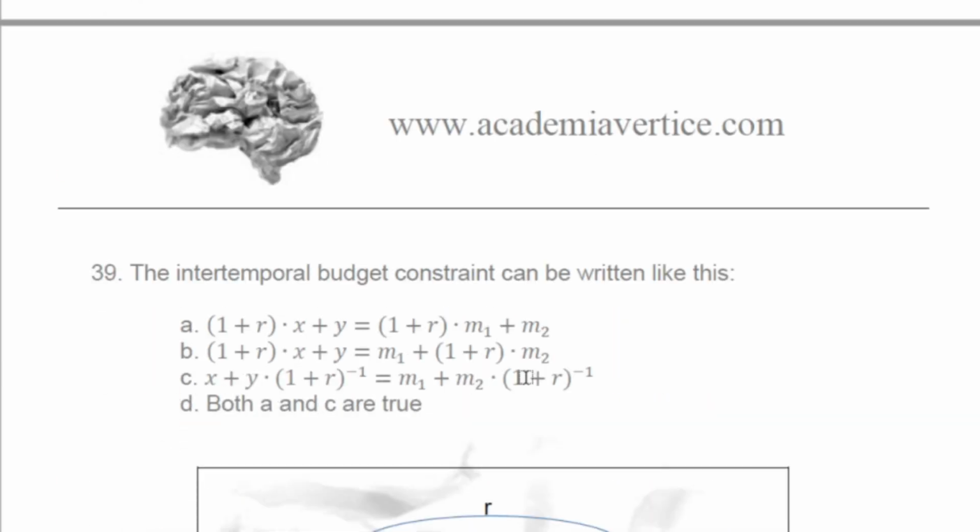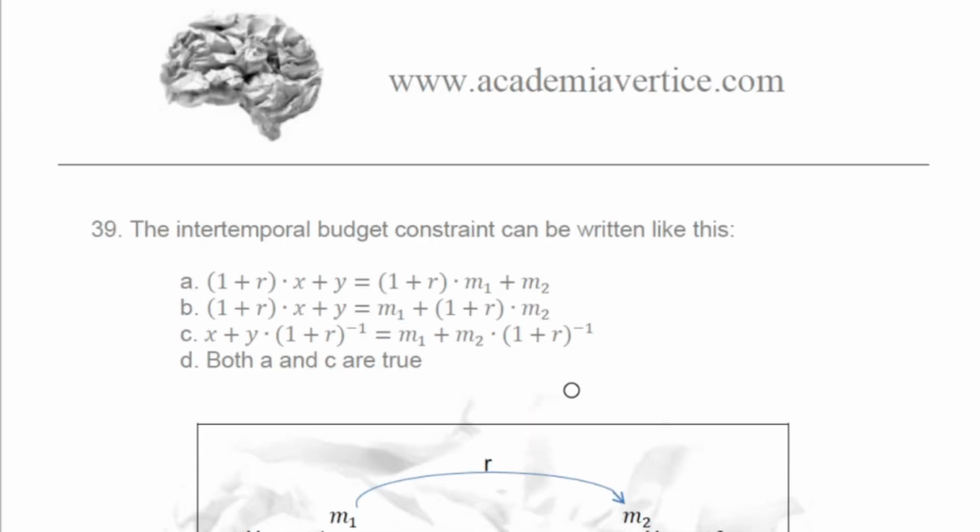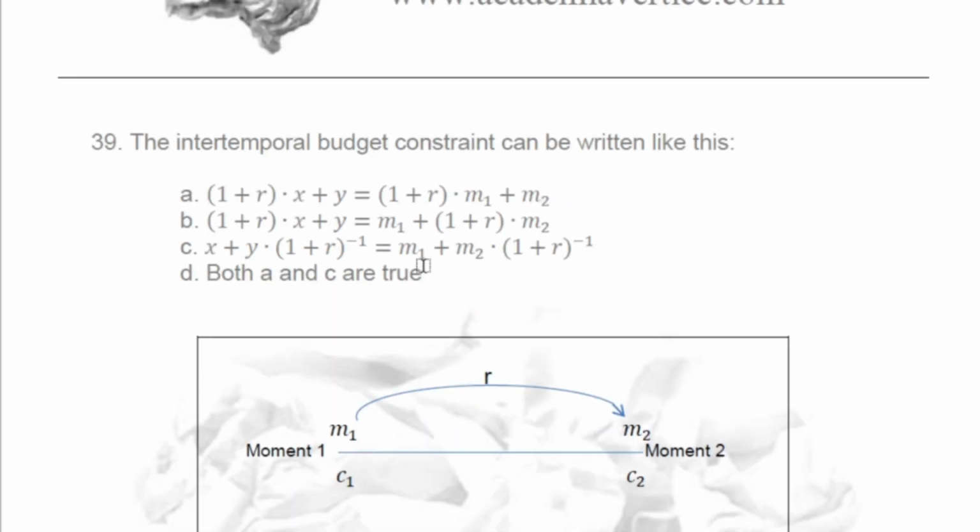Now 39th, the intertemporal budget constraint can be written like this. Well, take care. (1 plus r) times x plus y equal to (1 plus r) times m1 plus m2. This is correct. This is the way I like to express it. It comes from financial mathematics, or finance, moving the income and moving the consumption in period 1 to the future, to moment 2, okay?